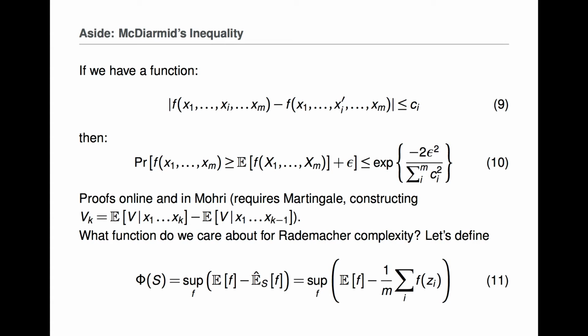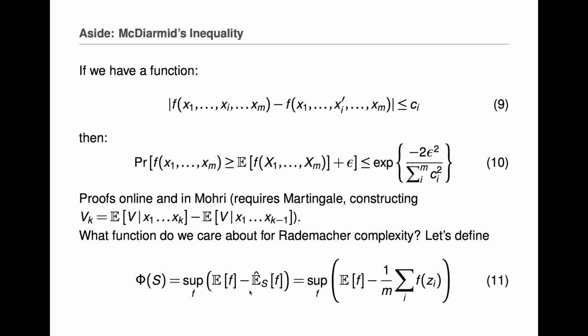Okay, so why are we talking about McDiarmid's inequality? We want some function not to move too much, and the function that we don't want to move too much we'll define as this phi here.